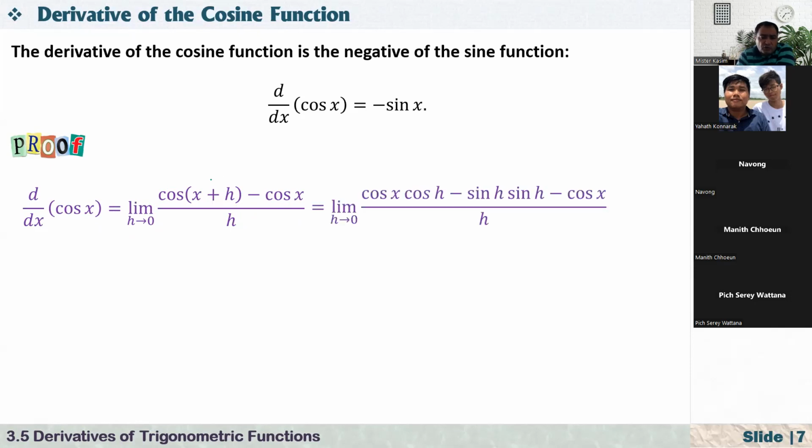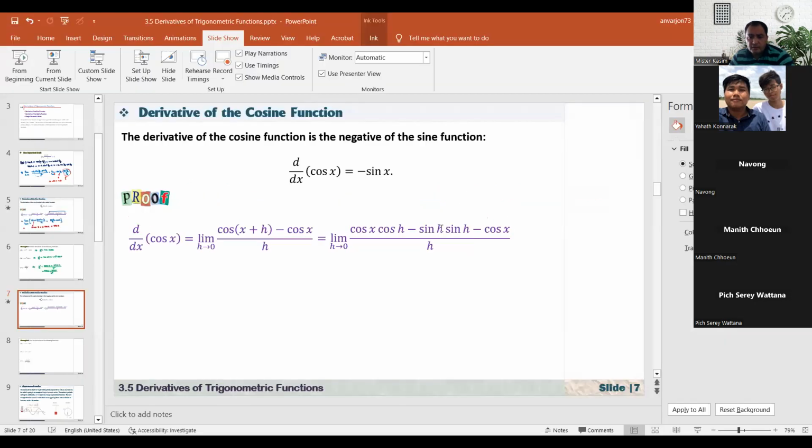And now again, what is cosine of alpha plus beta? If you remember, cosine of alpha plus beta equals cosine of alpha cosine of beta minus sine of alpha sine of beta. So here we have x plus h, our alpha is x and beta is h. Cosine of x, cosine of h, right? Because the plus minus sine of, again, this must be x.